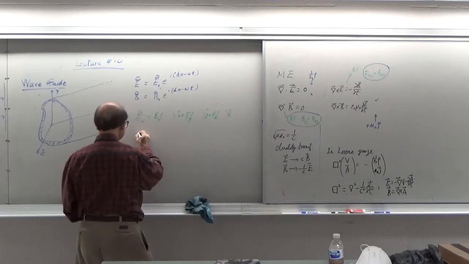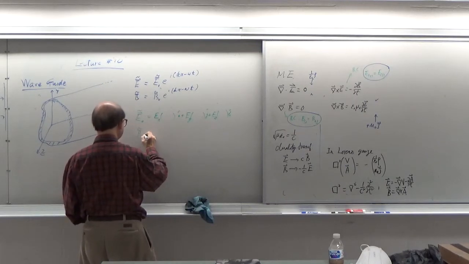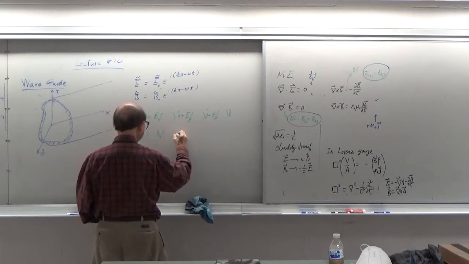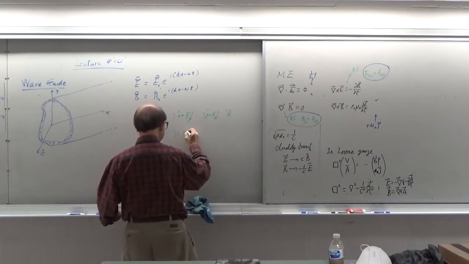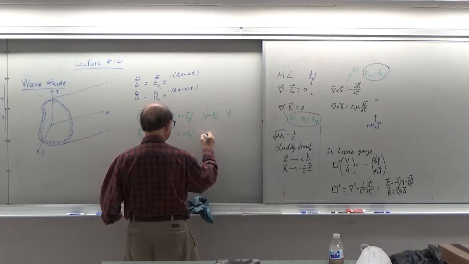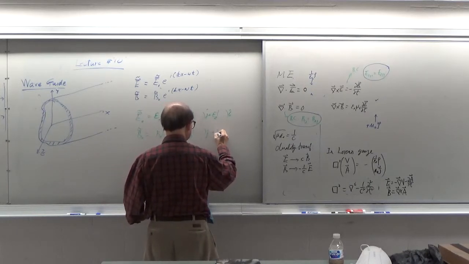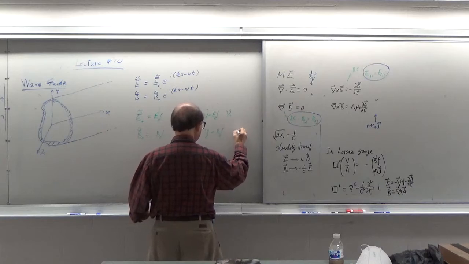And similarly, B naught twiddle is B x depending on something, i component, plus B y depending on the argument, j, plus B z, k.